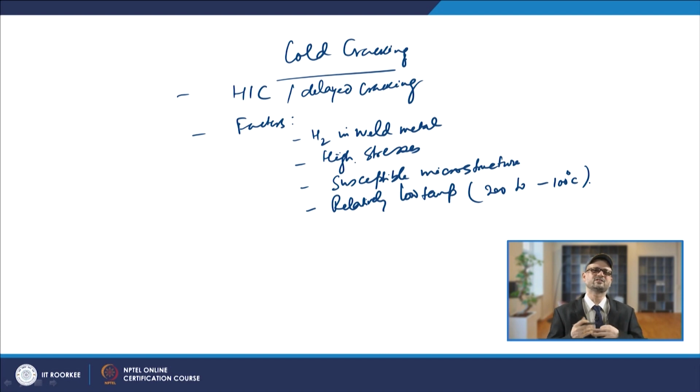Under that case you will have more susceptibility towards cold cracking. And if the martensite start temperature, that is MS, is relatively low, then the HIC will occur at lower temperatures, and that is why the name is cold cracking.